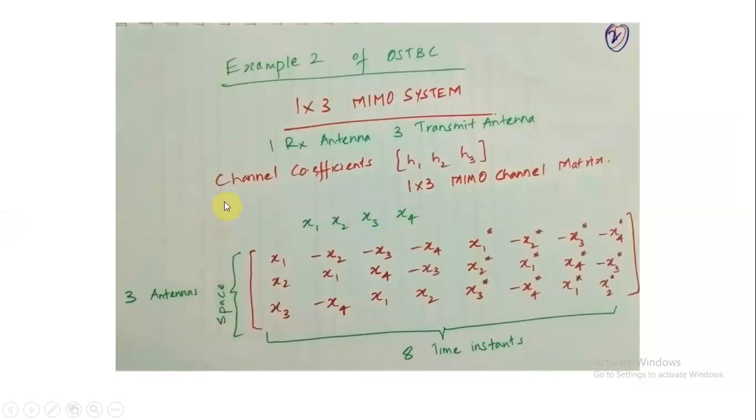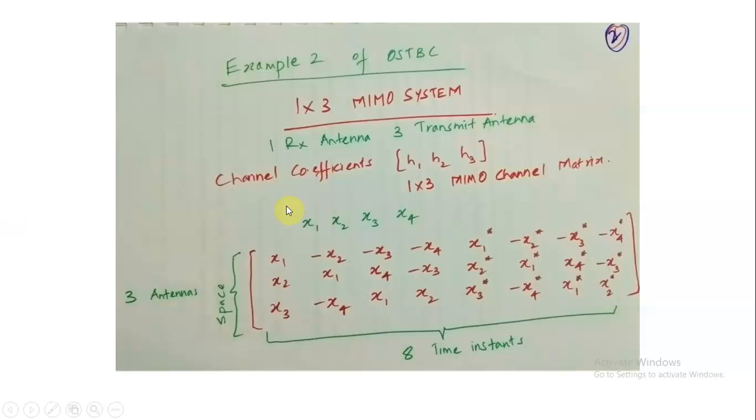So let's move forward from the Alamouti code, which contained two transmit antennas and one receive antenna. The question arises: is it possible to transmit from three transmit antennas? Yes, that is possible.